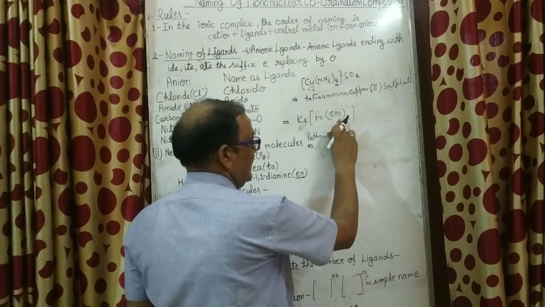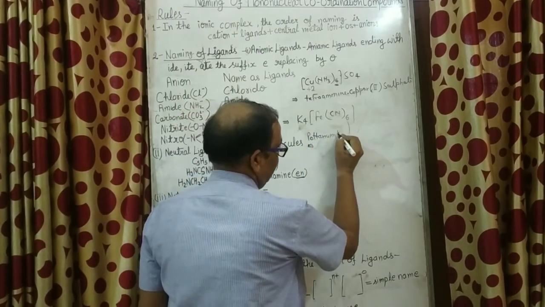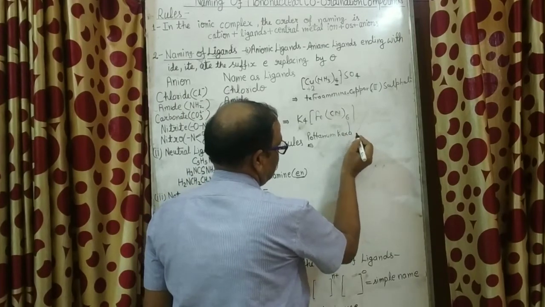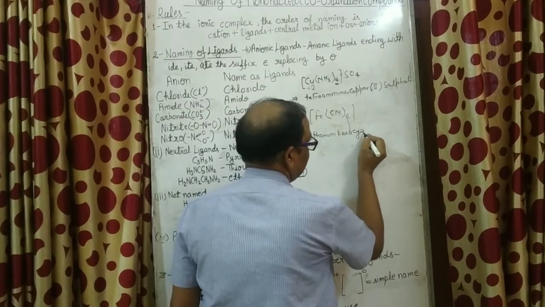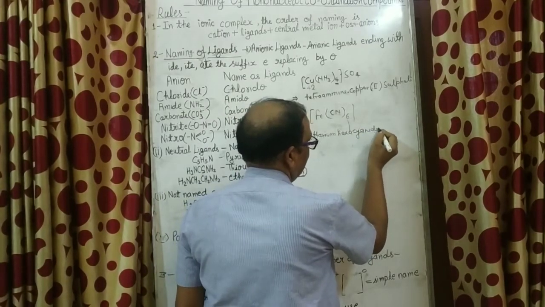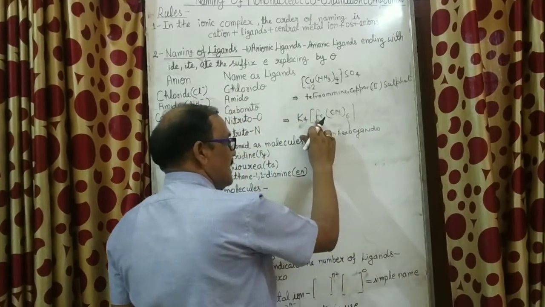The number of ligands is 6, so the prefix hexa, and the ligand is cyanido, and the central metal is Fe.